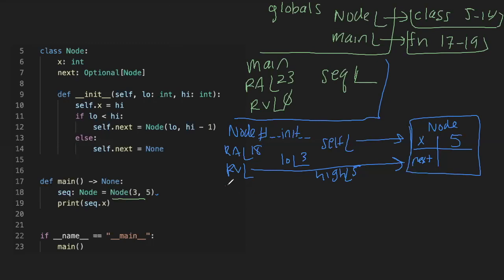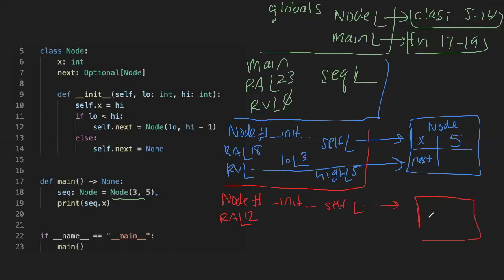So I'm going to do another color. So I will set up another frame. The RA for this call to the constructor is 12. Self is going to be some new node with an X and a next.